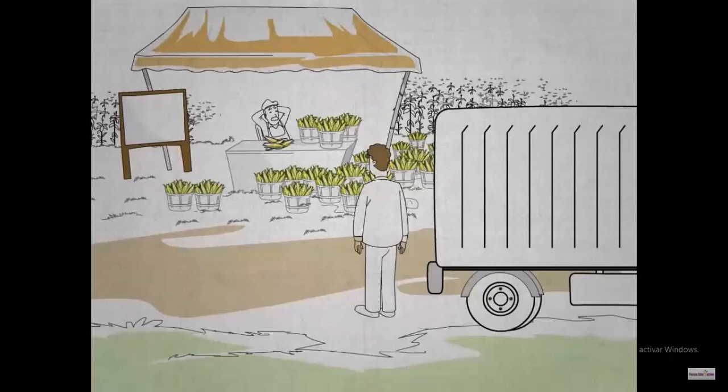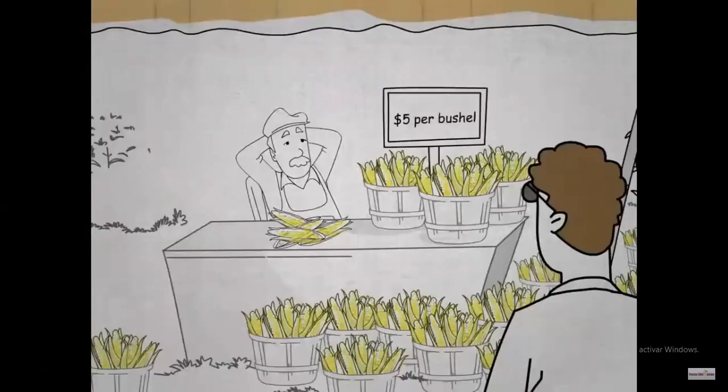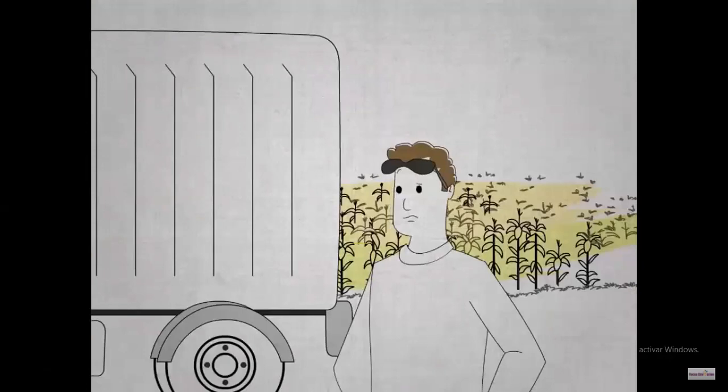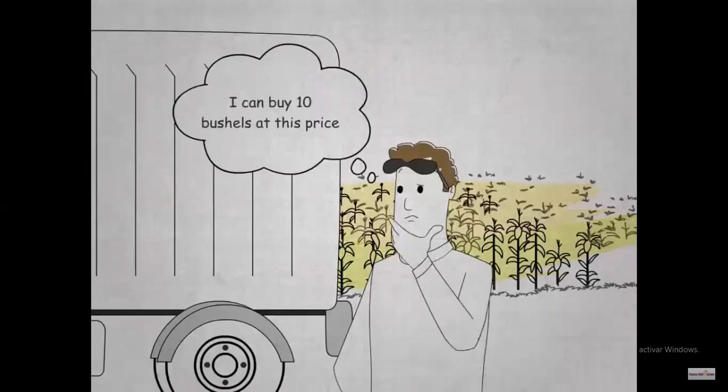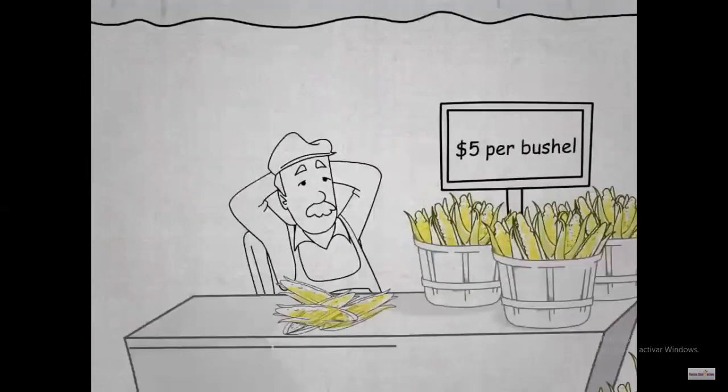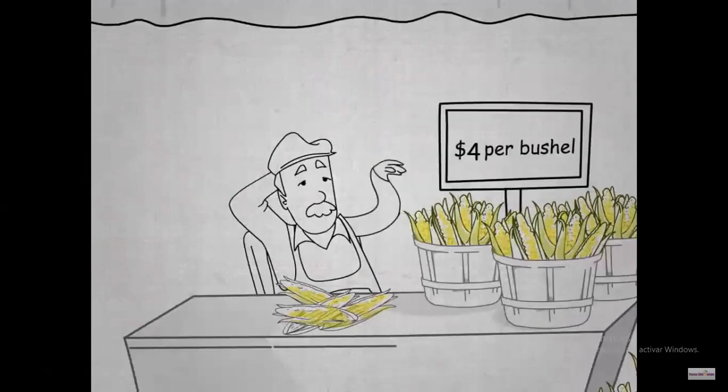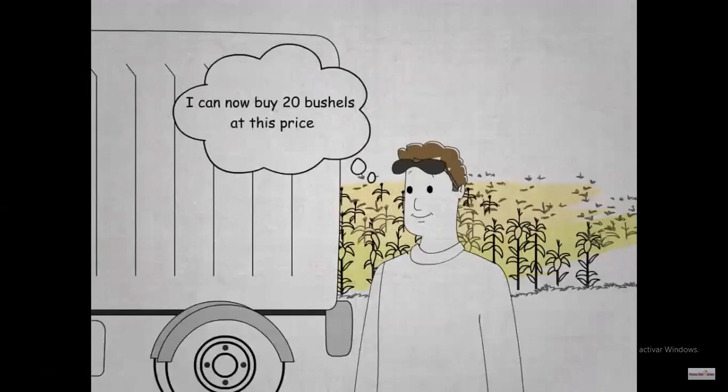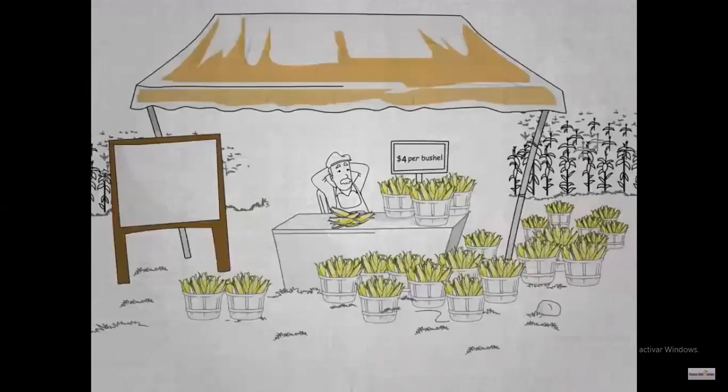Demand is a schedule or a curve that shows the quantities of a product that are purchased at various possible prices, other things equal. It shows you the pattern that a consumer follows when he is willing and able to purchase various amounts of a product at each of a series of possible prices during a specified period of time. Let's consider this hypothetical demand schedule for a single consumer purchasing bushels of corn.